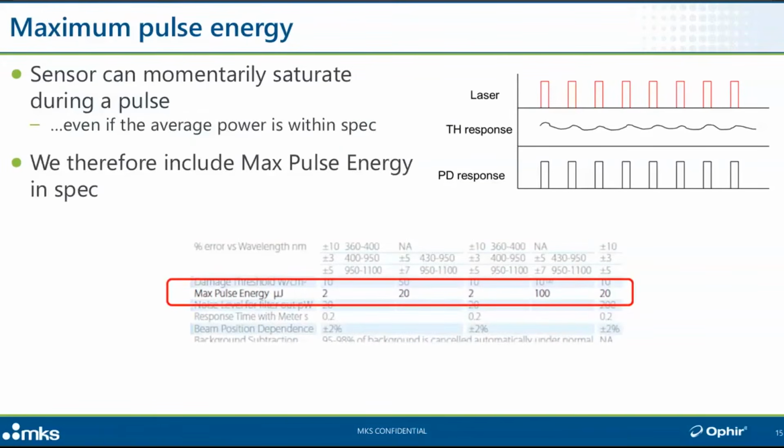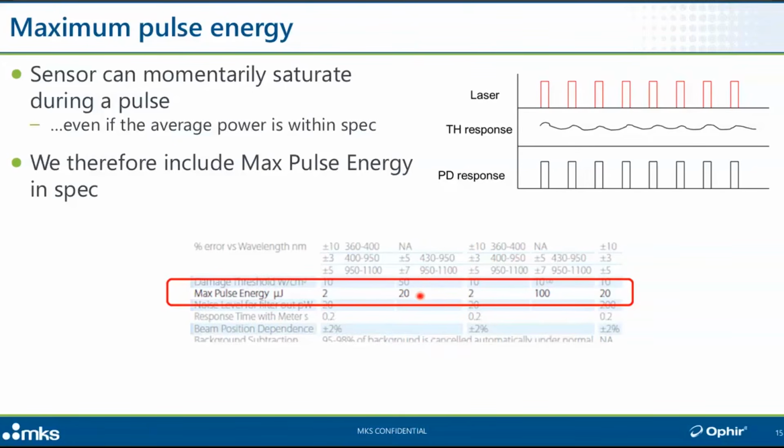Just if we're already talking about pulse energy, you remember this, the slow sensors and photodiode sensors. Because photodiode sensors can keep up with fast pulse signals and therefore could be momentarily pushed into saturation, in our specifications for photodiode-based power sensors, in the Ophir data sheets, we also give the maximum pulse energy, even though the sensor is not designed to measure pulse energy, but it could be affected by pulse energy.